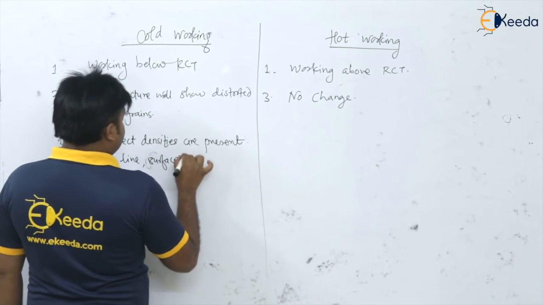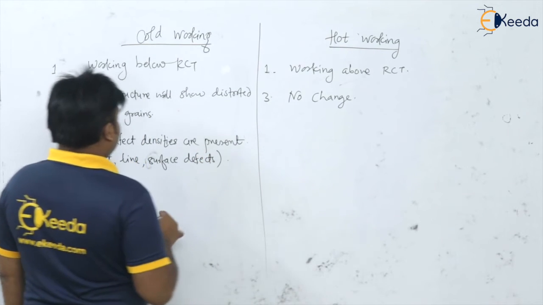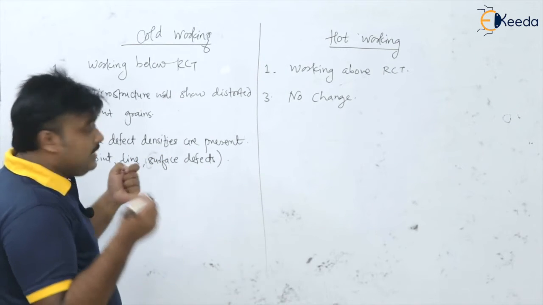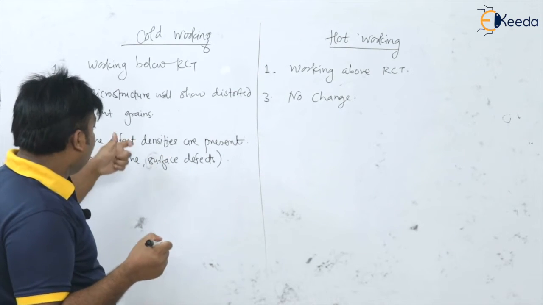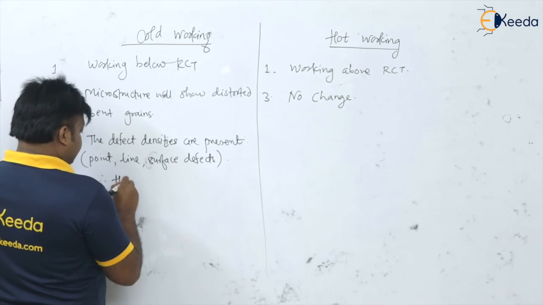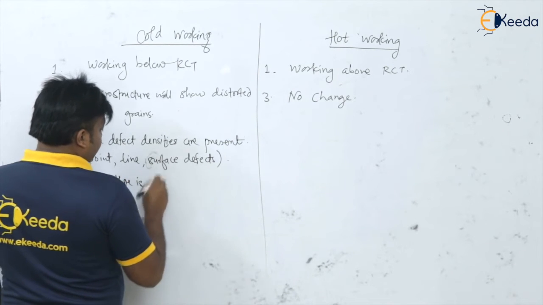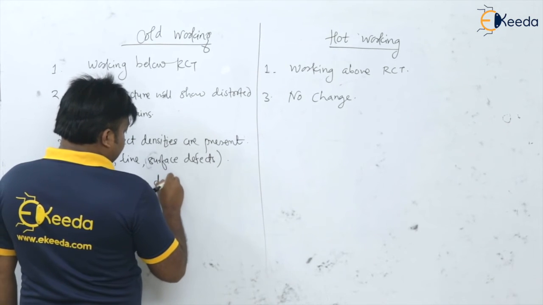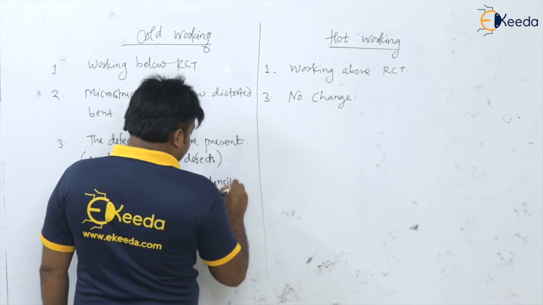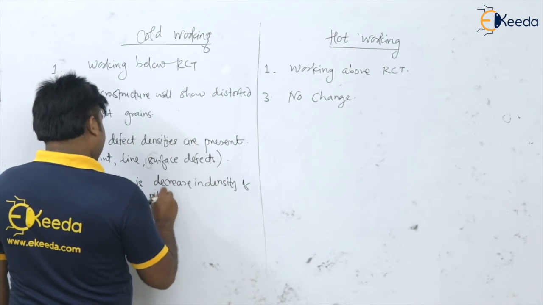These are the defect densities, and because of that there is quite a decrease in the density of the material. Therefore, there is a decrease in density of the material.